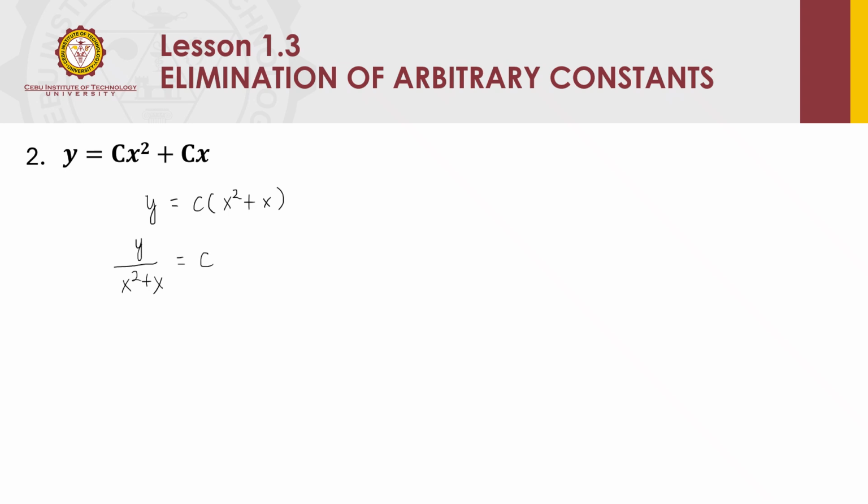If we do differentiation, then the right side becomes 0. Recalling from differential calculus, this is a fraction, so we can use the quotient rule to differentiate.